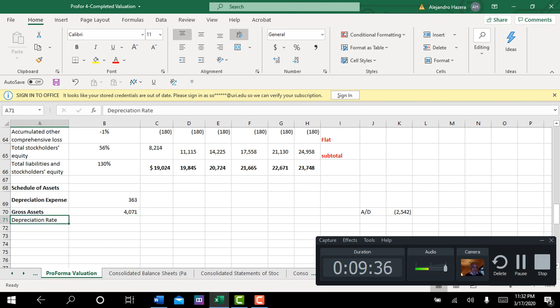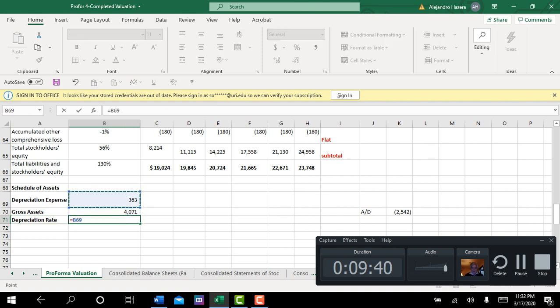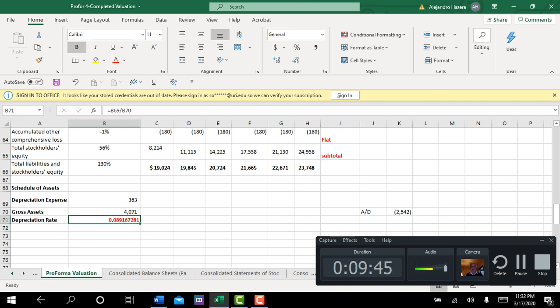To get this depreciation rate, I'm just going to take my depreciation expense and divide it by my gross assets. This is going to be an incredibly important number for working into the calculation of free cash flows. Apparently, this company is depreciating assets at a rate of about 9% each year.